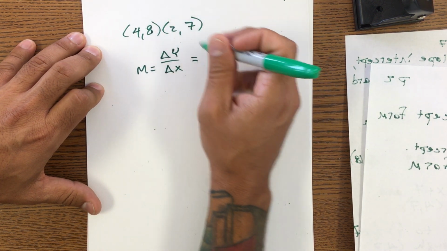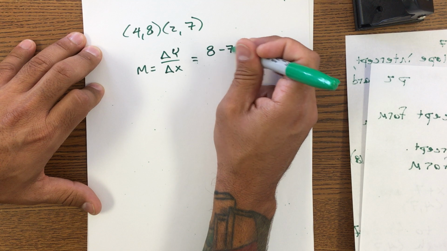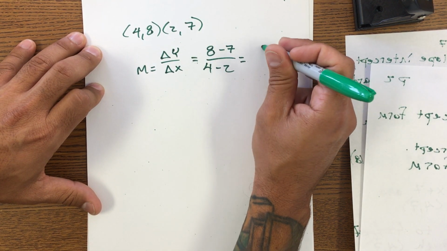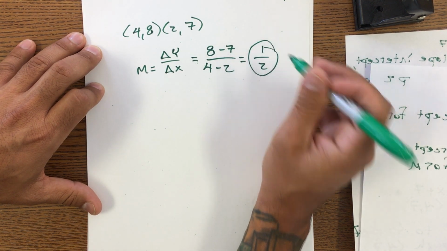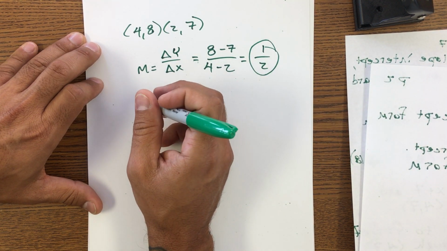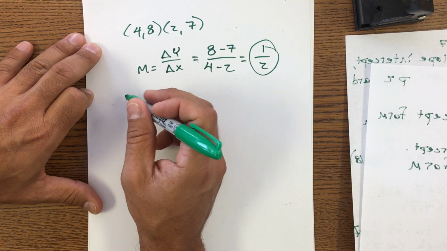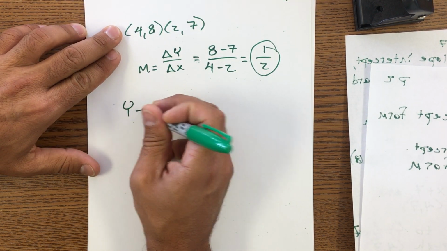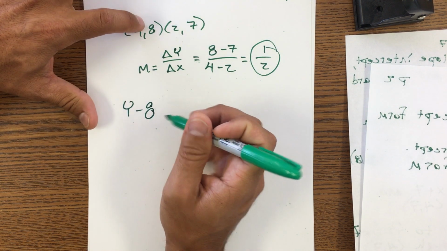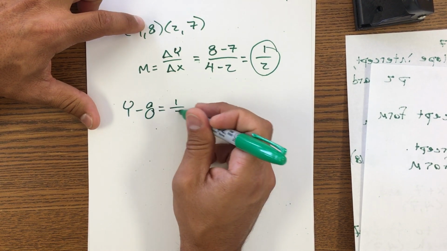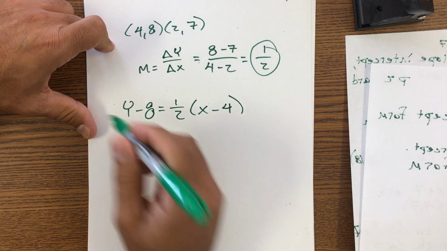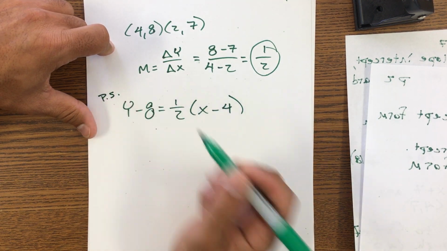So I'm gonna do 8 minus 7 over 4 minus 2, which is gonna give me 1/2. That's my slope. Now I take my slope and I put it into the point slope formula with either of these points. So I'm gonna go y minus 8 from right here equals the slope x minus 4 from right here. So that's in point slope form.